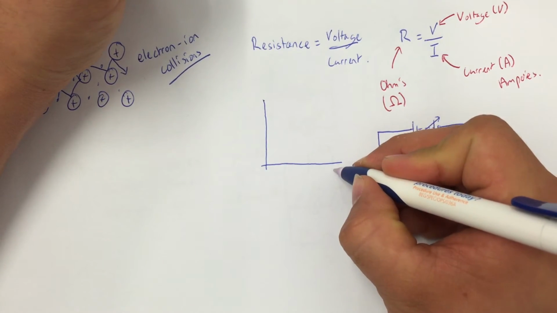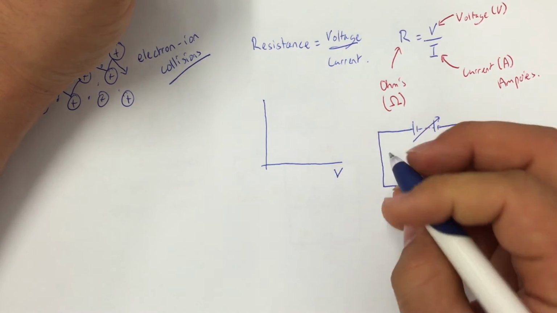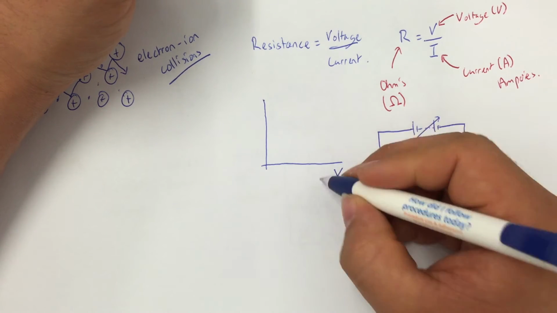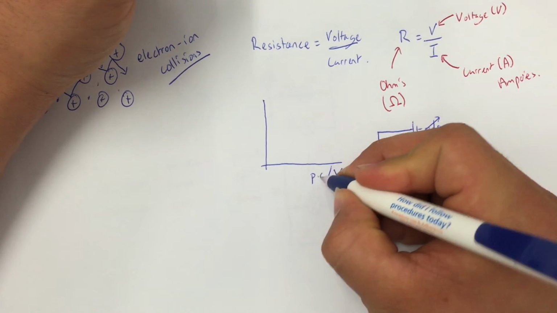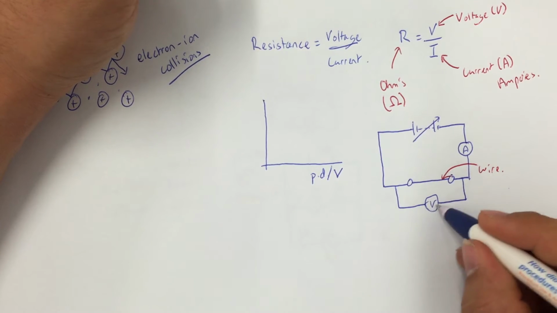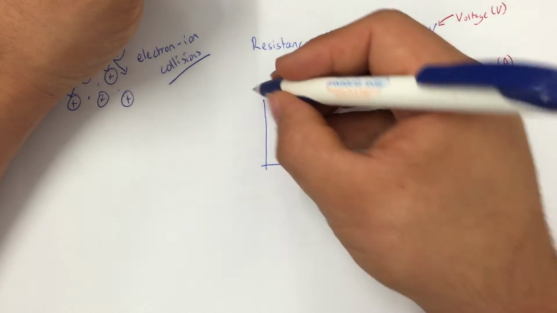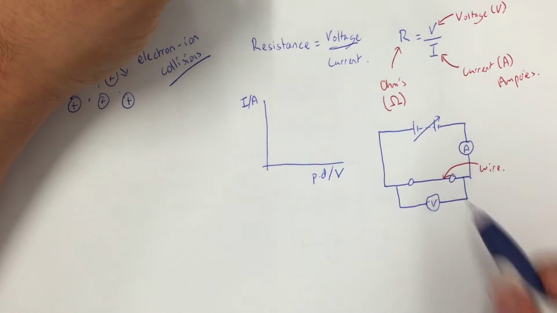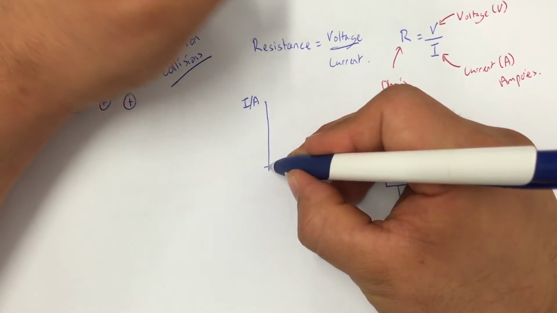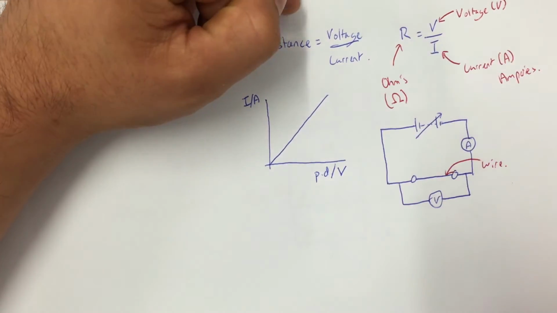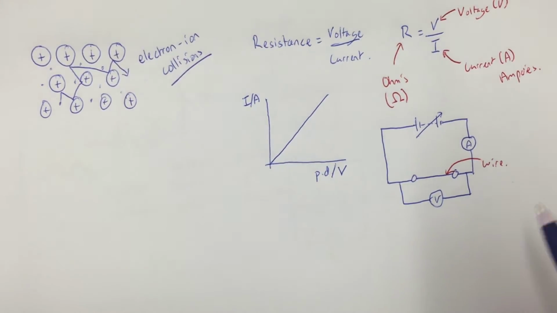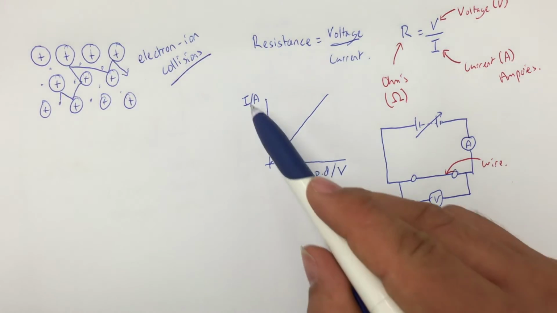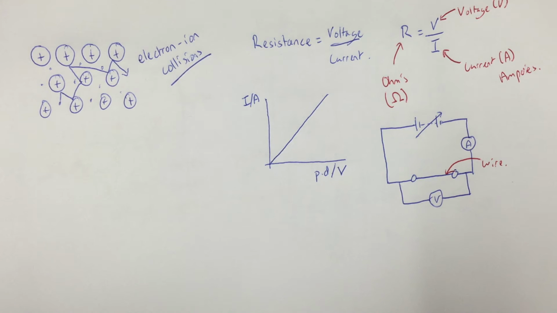So we plot a graph of potential difference, so obviously measured in voltage, which is what we're going to get across this voltmeter, against current. And if you do this for a metallic conductor, you'll get this, a straight line through the origin. And what this shows is that voltage is directly proportional to current.